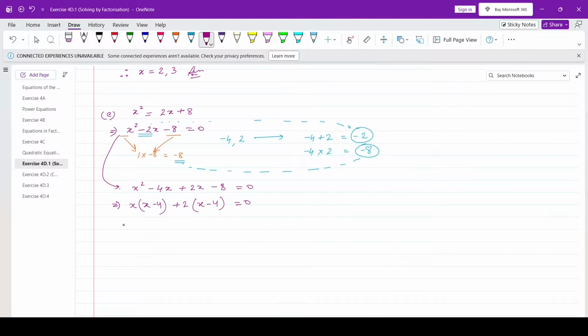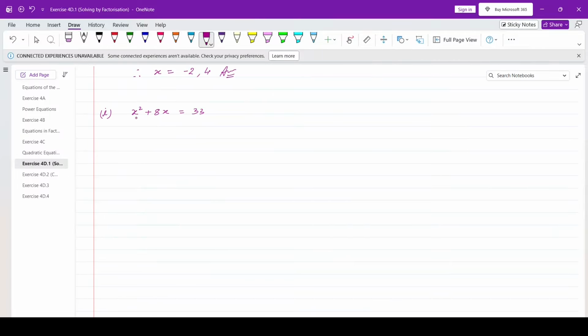And we can write this equation x plus 2 times x minus 4 is equal to 0. So from here, either x plus 2 is equal to 0 or x minus 4 is equal to 0. So we can say x is equal to negative 2 and x is equal to 4. Therefore, x is equal to negative 2 or 4.